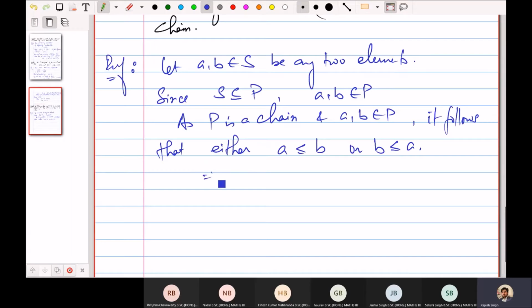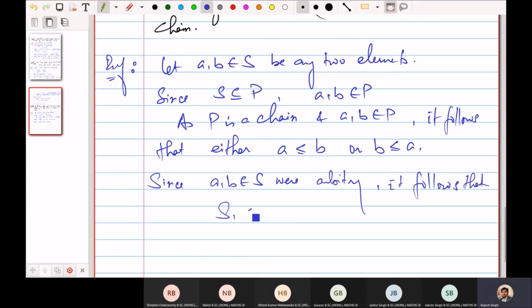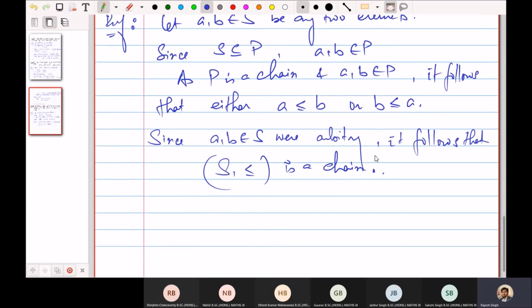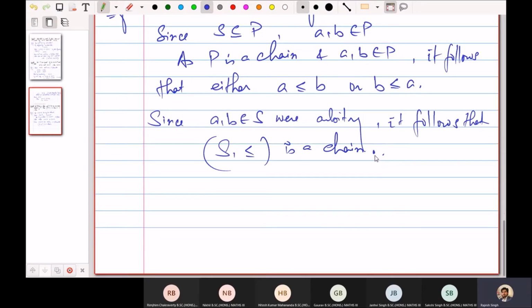So this implies, since A, B belonging to S were arbitrary, it follows that S is a chain. फाइन, सिंपल. बस कि क्योंकि S P के अंदर है, so A, B भी P के अंदर आ जाएंगे, और P तो चेन है, so they are comparable, so S is also चेन. ठीक है, सिंपल.